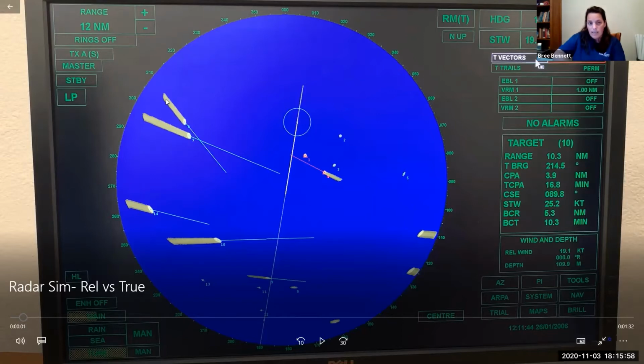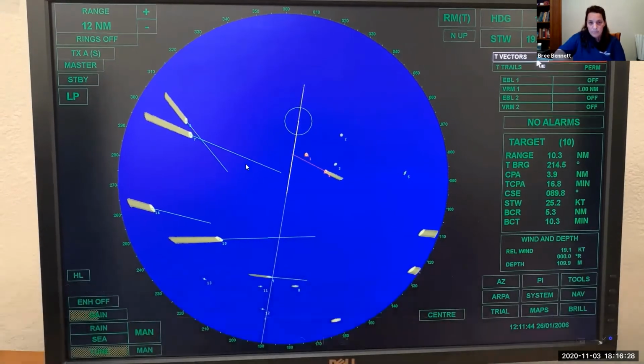So when I push play here, we can see that these lines are what we're going to be plotting. This is in ARPA mode right now, so it's plotted the lines for us, which is really nice. But in this class, we are going to be plotting those lines.